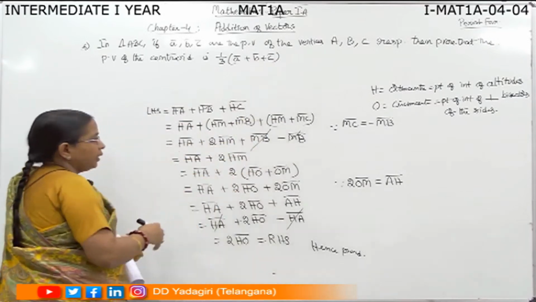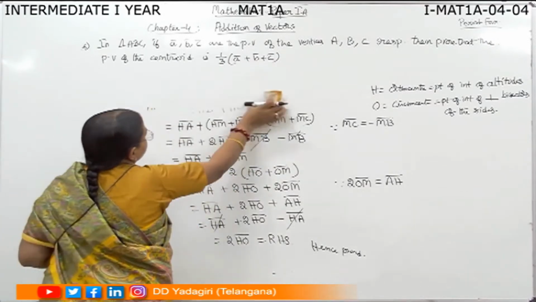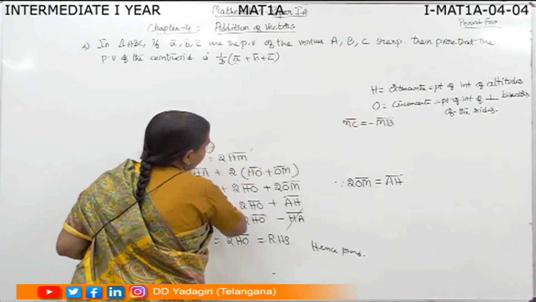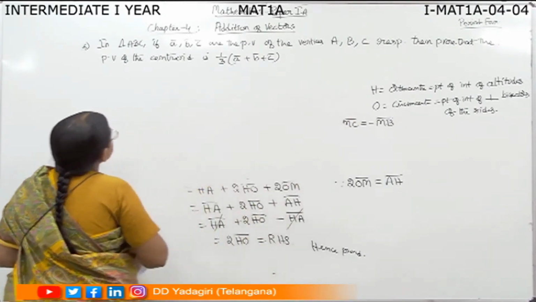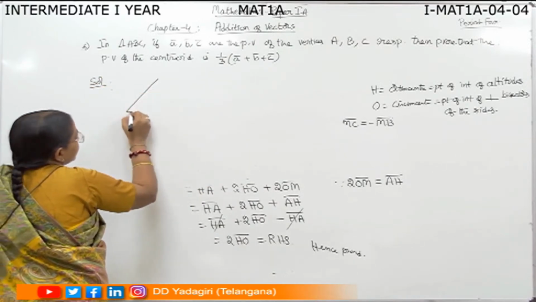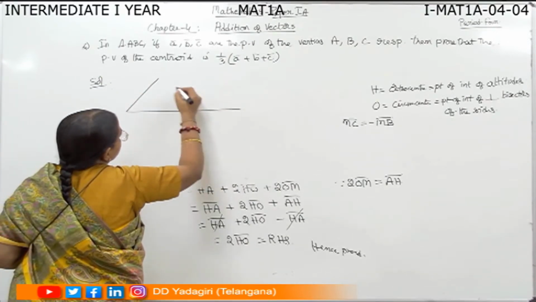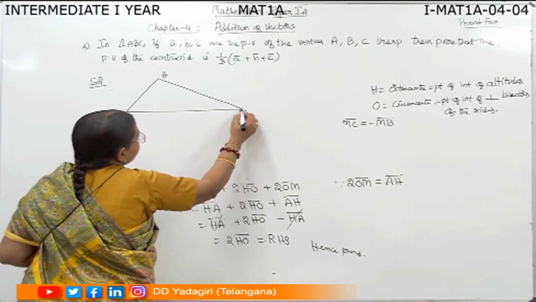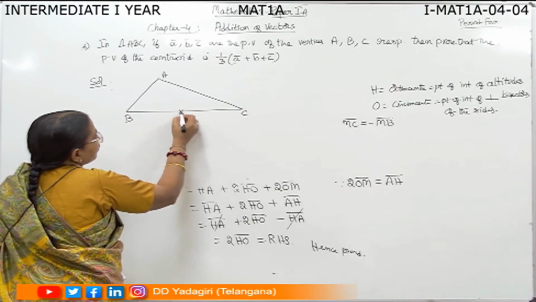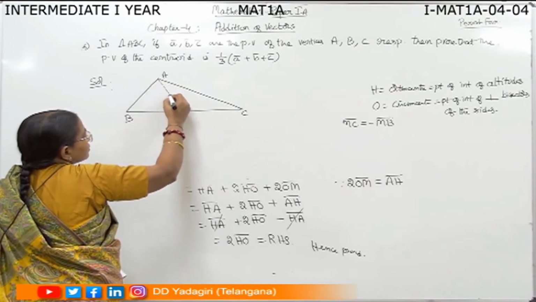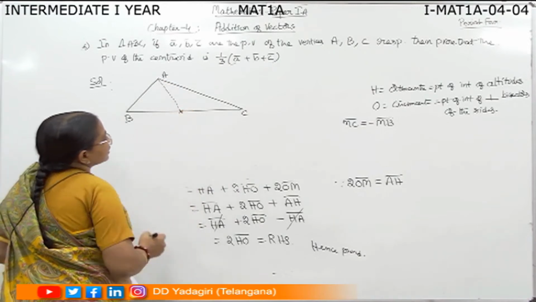This is very simple. We'll take the triangle ABC. We know that the centroid divides the median. What is centroid? Centroid is the point of intersection of the medians. You take one midpoint and then you join the opposite vertex with the center of the base like this.